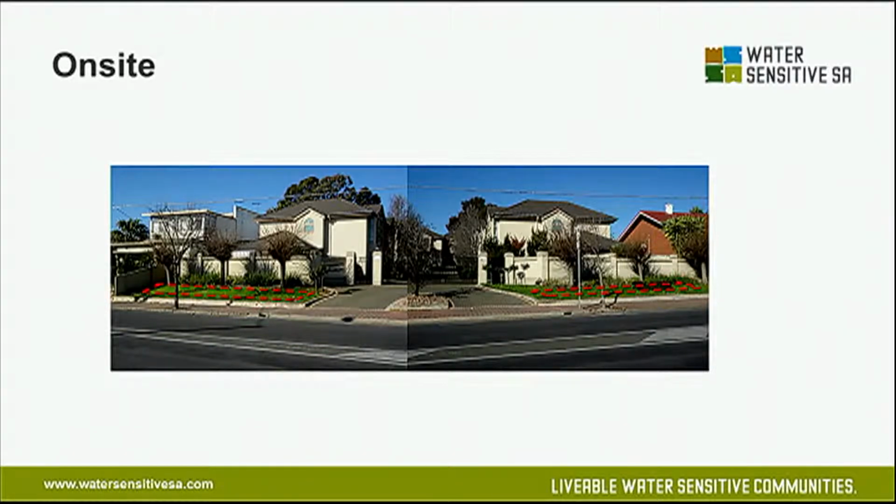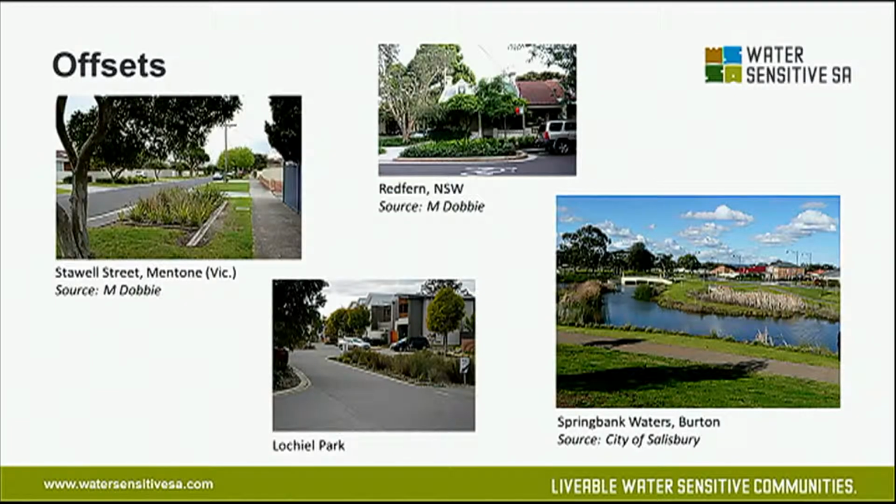If there's nowhere for it, there's no deemed offset project to contribute to. But then if there is an offset program to contribute to, it might be that it's a wetland way downstream, or it might be that the developer's just contributing to some sort of swale system in the streetscape, or a small bioretention system in the verge.